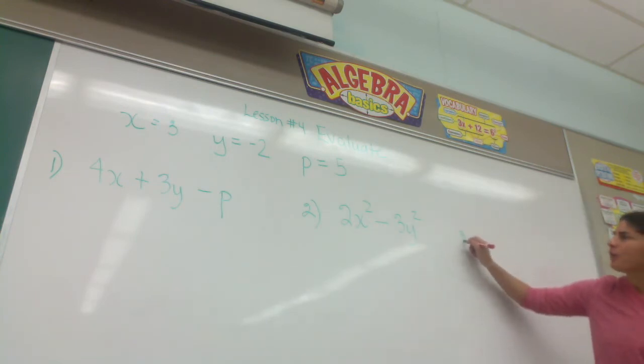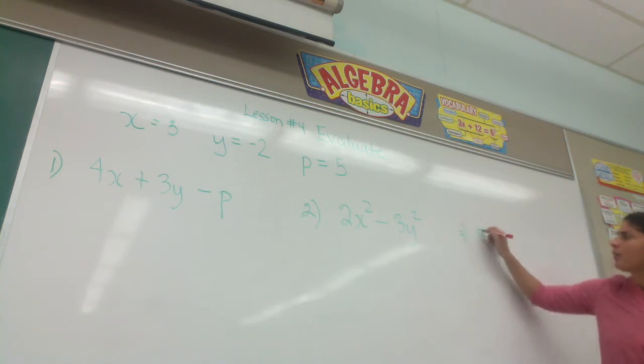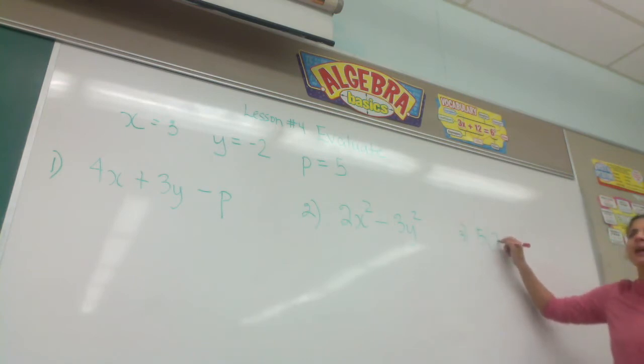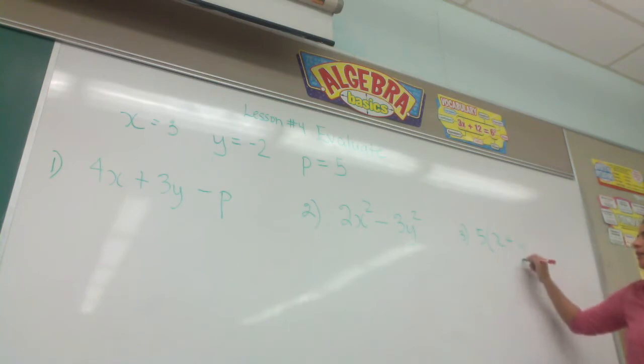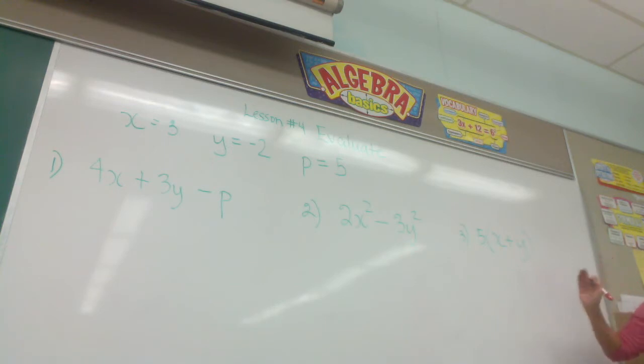And for the third one, I'm going to do 5, open brackets, x plus y, close brackets. So each of these have their challenges. Each of these is the reason there's a question is for me to teach you one more step in case you get to that point.